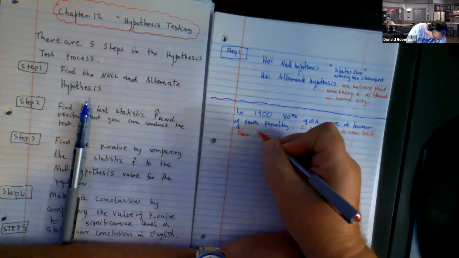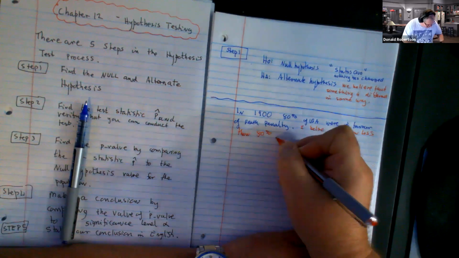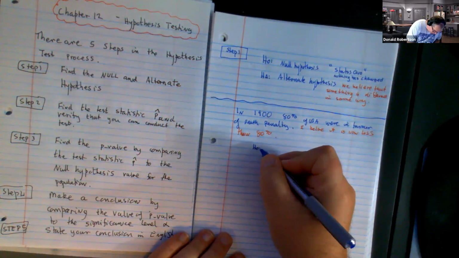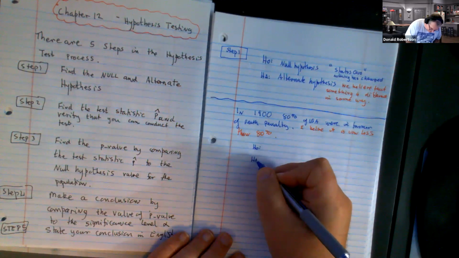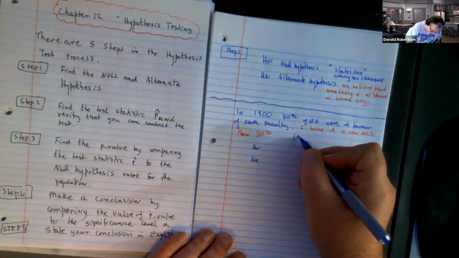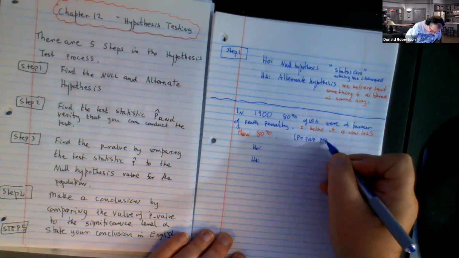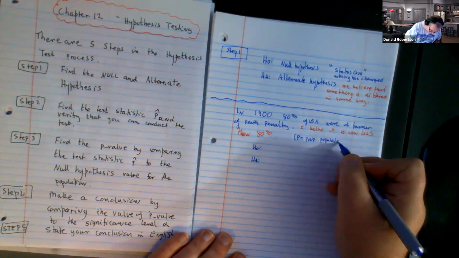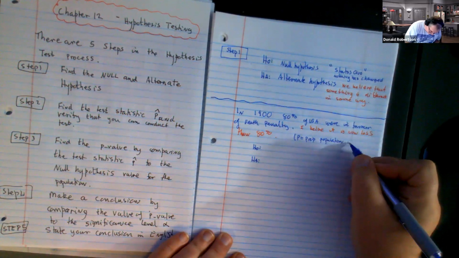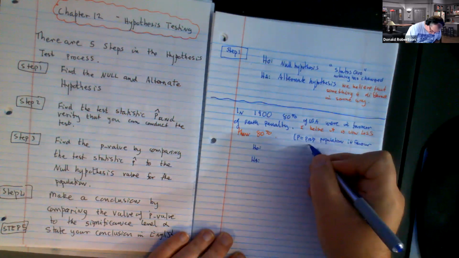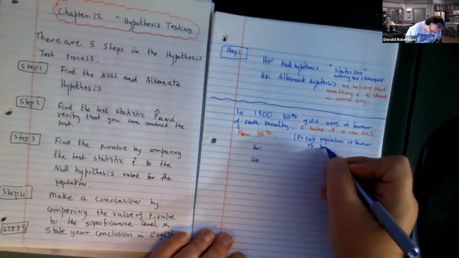So let's see how that becomes a null and alternate hypothesis. P represents the proportion of the population who are in favour of the death penalty.